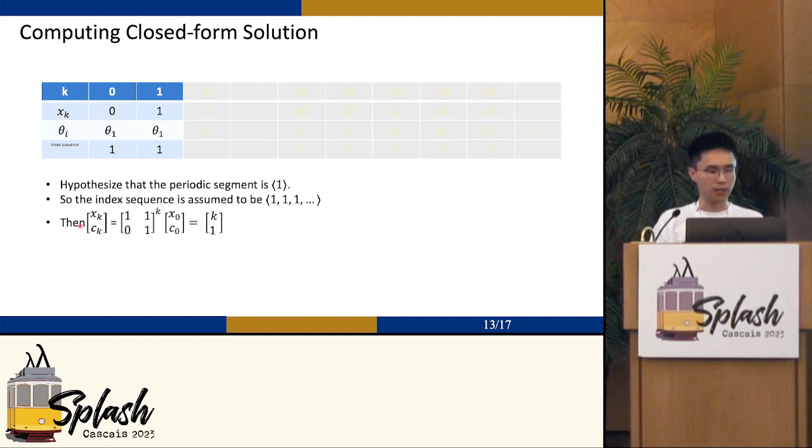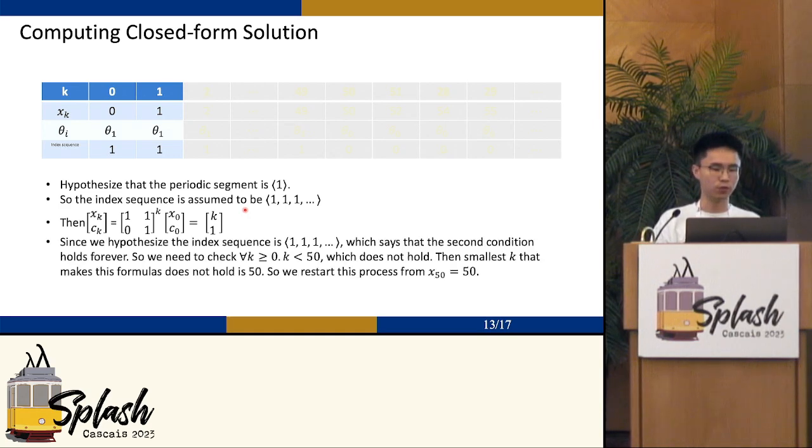For the current iteration, we compute the closed form solution s_k equal to k. But for now, this closed form solution is just a hypothesis, because we have an assumption on the index sequence. The assumption is that the index sequence is 1, 1, 1, 1, 1, which means the second condition is satisfied.